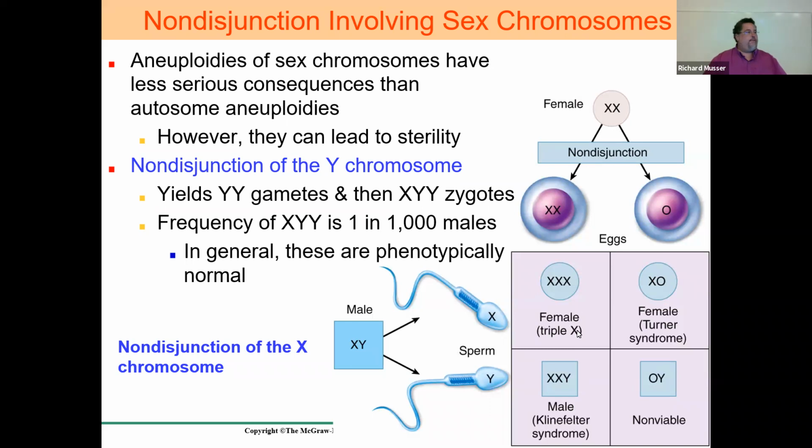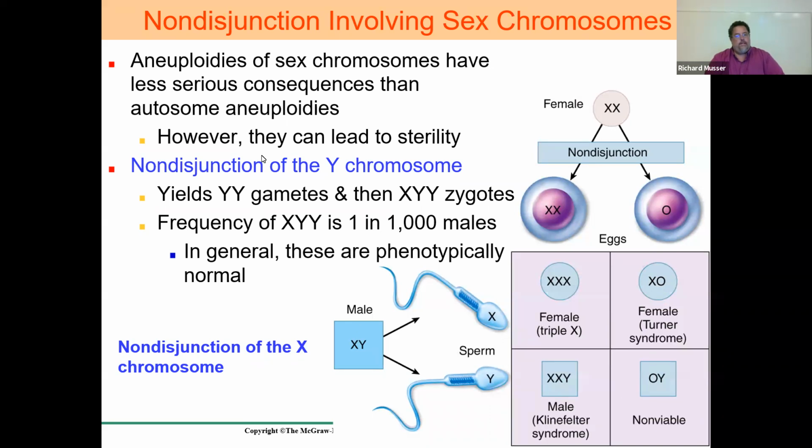There are some females that can have triple X chromosomes or 1 X and no other chromosome. There could be men with an extra X chromosome and they tend to have a little bit more of a feminine trait. That's known as Klinefelter syndrome. Or a man without an X chromosome.